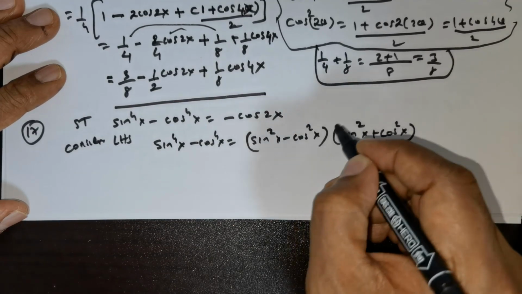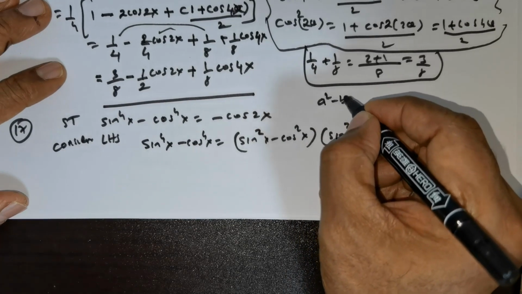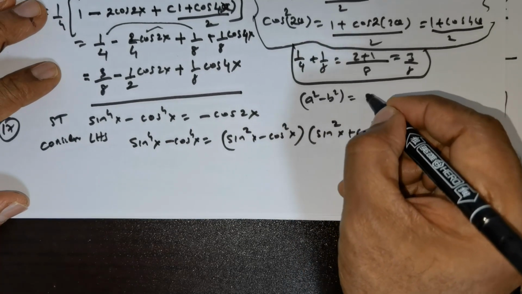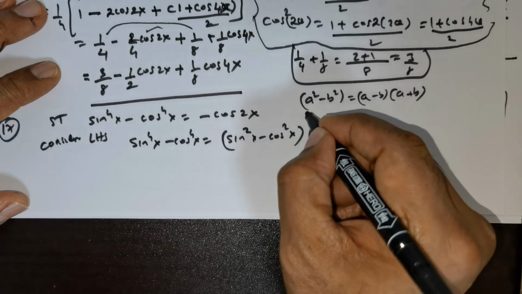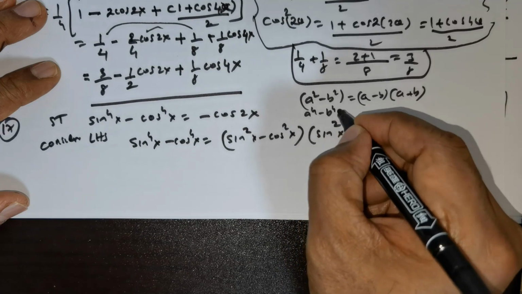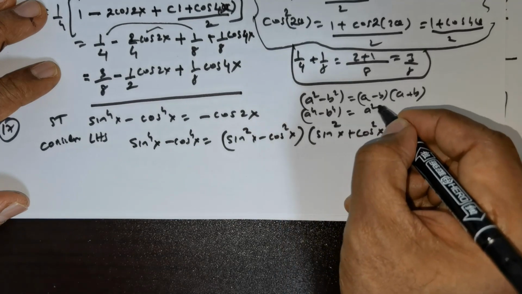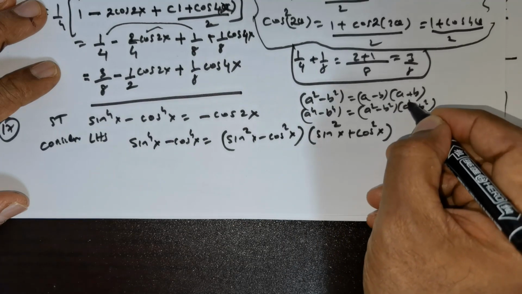Now why am I able to write this? Because a squared - b squared can be rewritten as a - b times a + b, and that would mean a raised to the power of 4 - b raised to the power of 4 can be written as a squared - b squared times a squared + b squared.